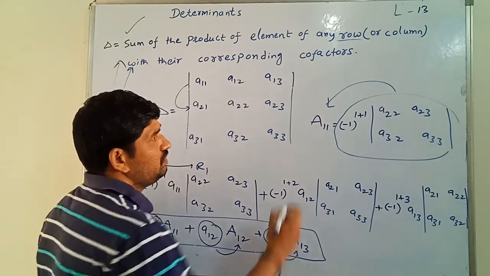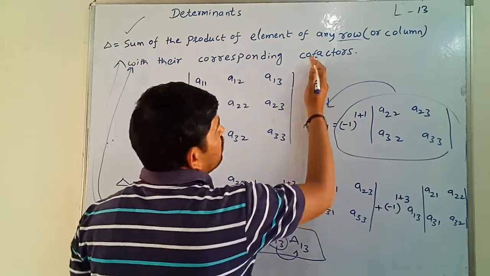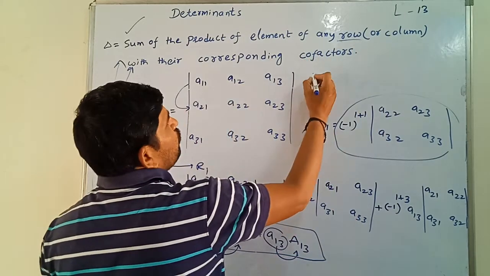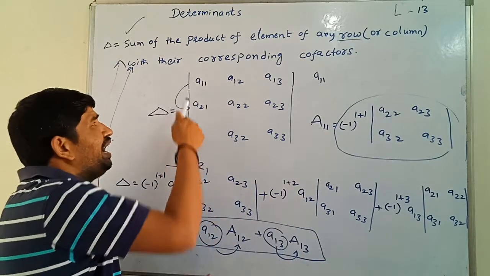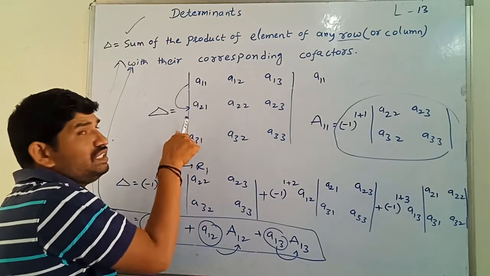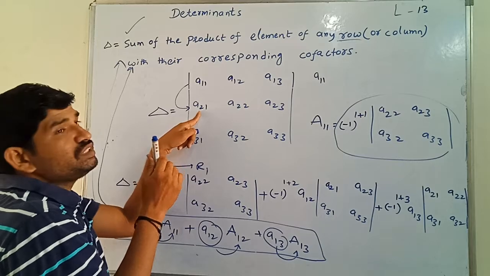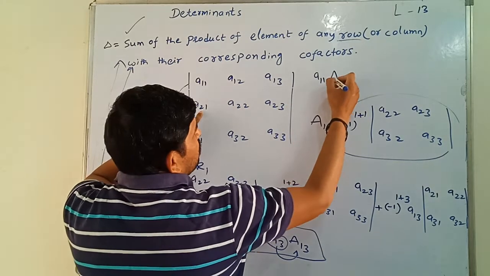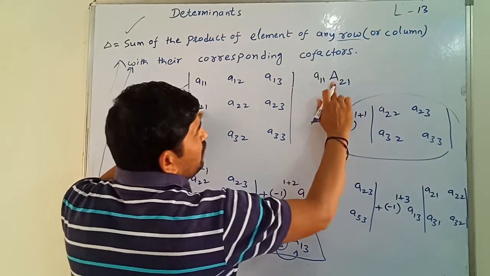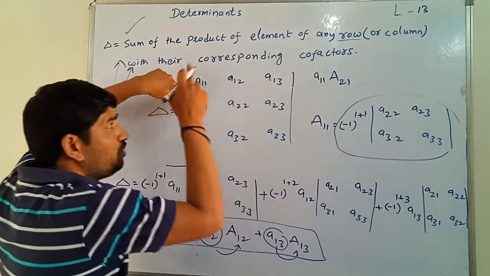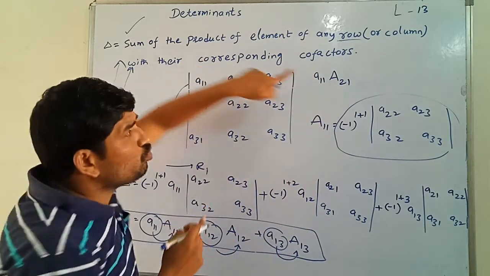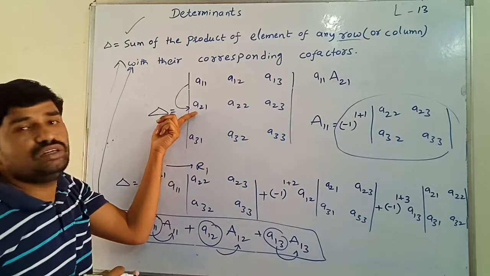I will write here. See, what does that mean? The element we are taking here is a11. And now we are writing the cofactor of the second row first element, A21. The capital letter means that is the cofactor. The element a11 is present in the first row; now we are writing the cofactor from the second row.